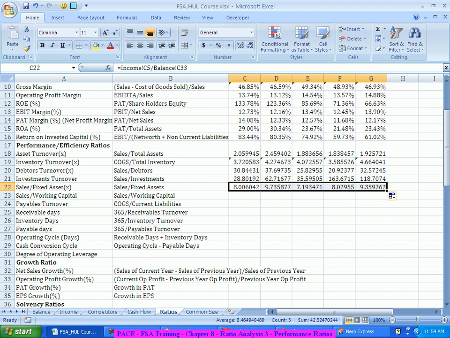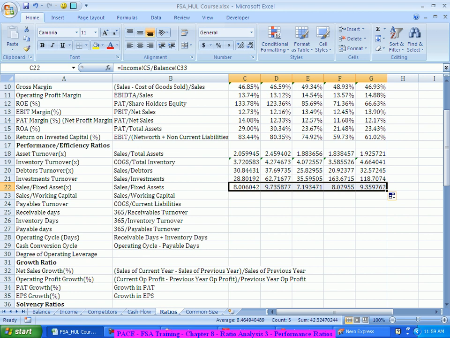So again talking about your asset utilization. Right? Total assets are generating 2 rupees of sale. Only the fixed assets, if I am looking at, almost 9.35 rupees of sales are generated by them, which is improving. So the assets are put to very good use.